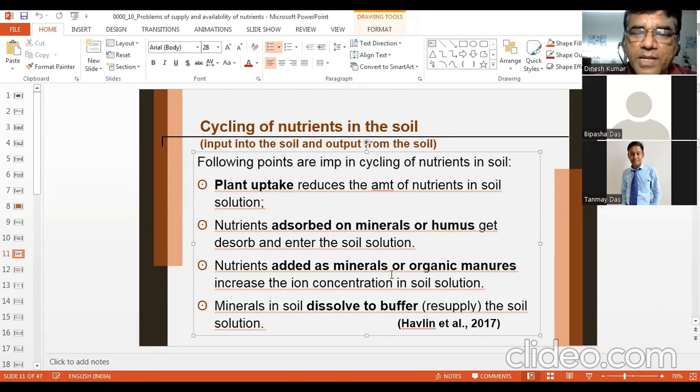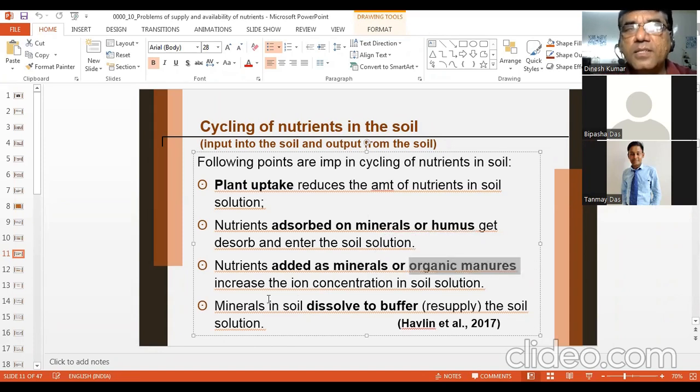Within a week, they are converted into available forms, like urea. It supplies nitrogen, and within 8 to 10 days, it will decompose, hydrolyze, and produce ammonium and nitrate. So they can immediately become part of soil solution. So nutrients can be added as fertilizer, minerals, or some organic manures.